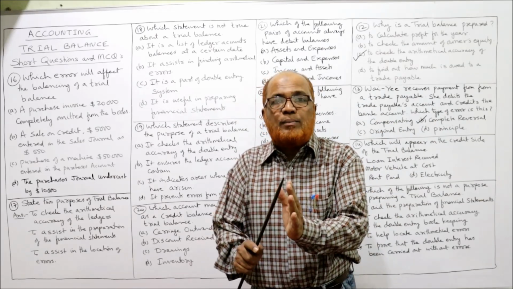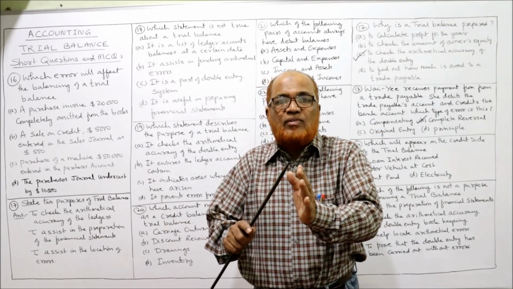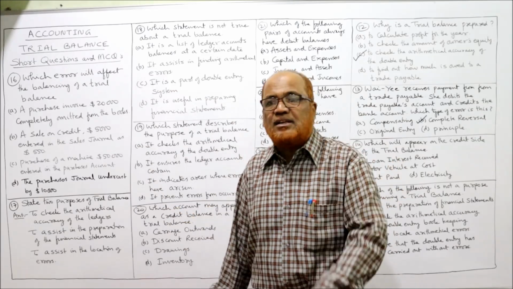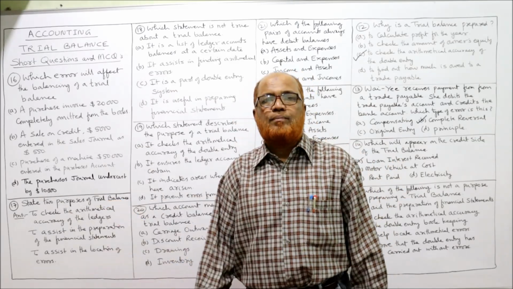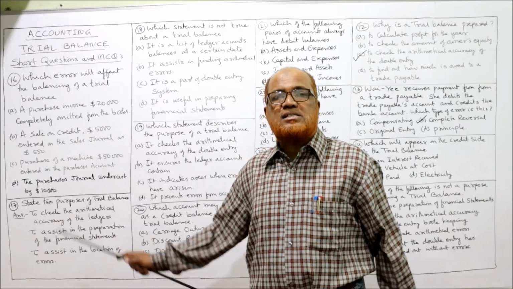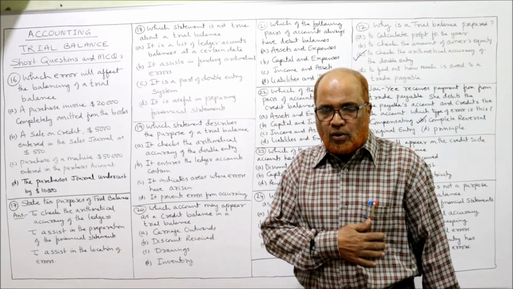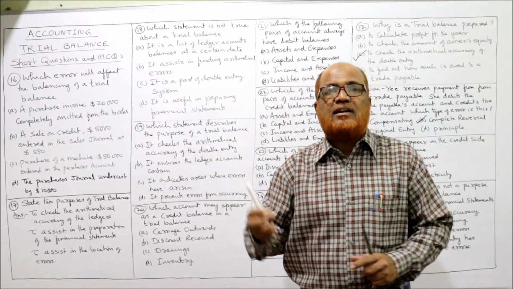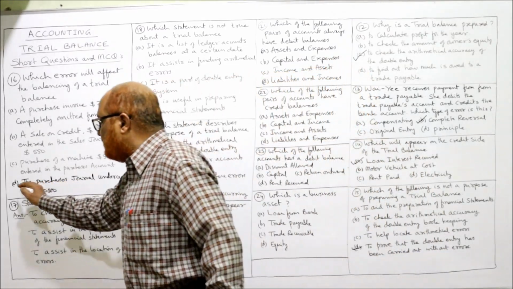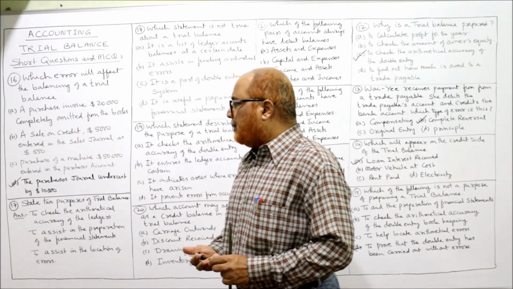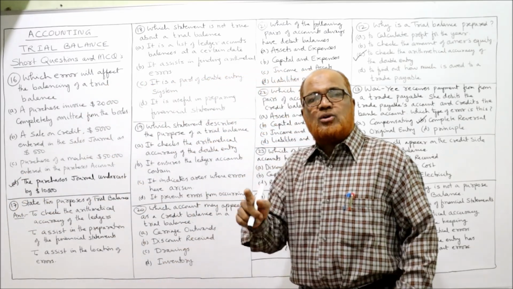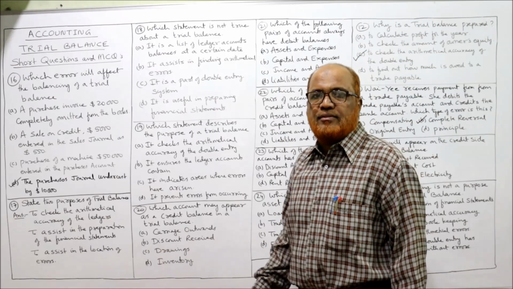The trial balance will be out. The trial balance will not tally. The difference in the trial balance you will get is $10,000 because there is undercasting of purchase journal. So, out of these 4, which error will affect the trial balance? Last one, D. The purchase journal undercast by 10,000, this will affect the trial balance.